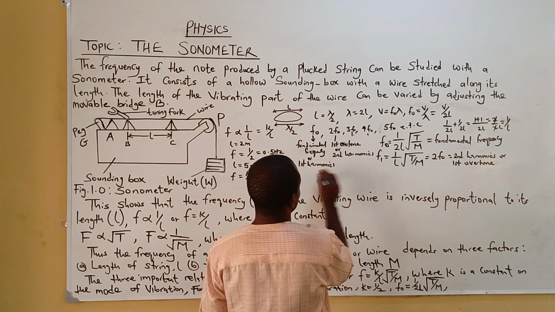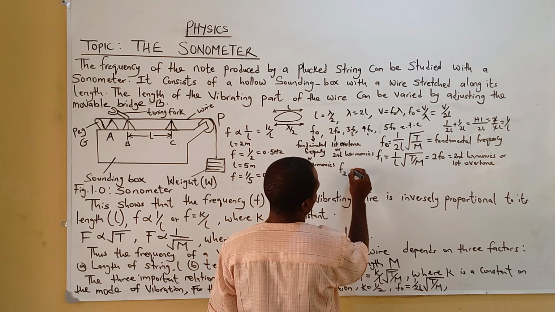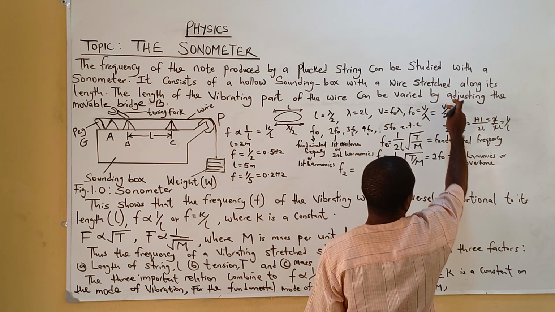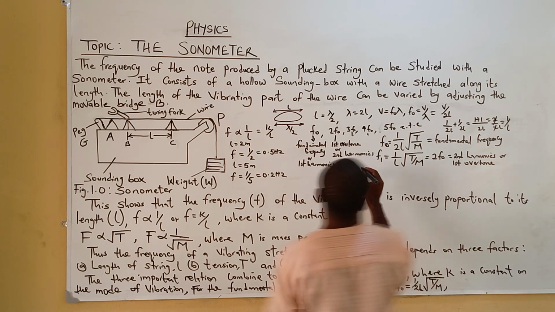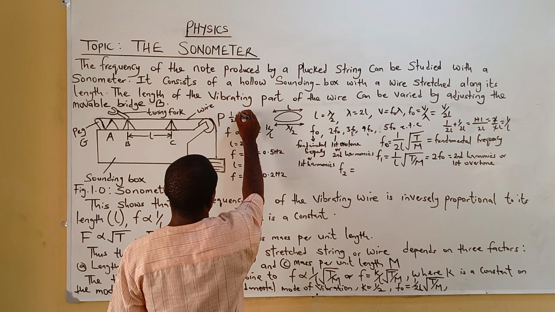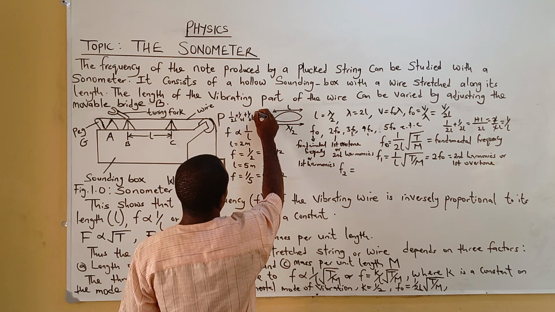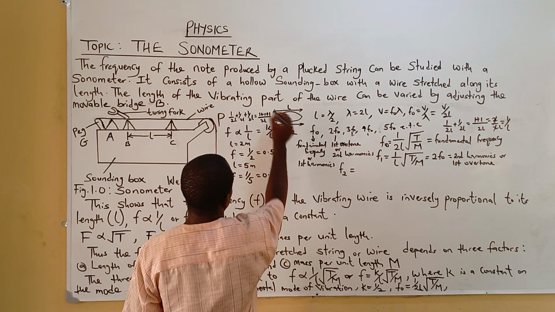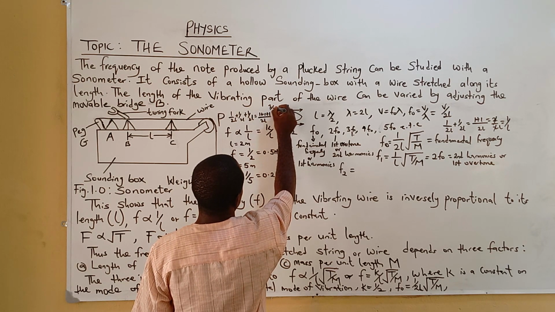Combine this. If you have the fundamental, you add 1 over 2L three times: 1 over 2L plus 1 over 2L plus 1 over 2L. The LCM is 2L, that's 1 plus 1 plus 1. When you add it, you have 3 over 2L.